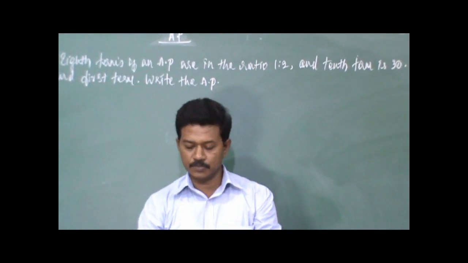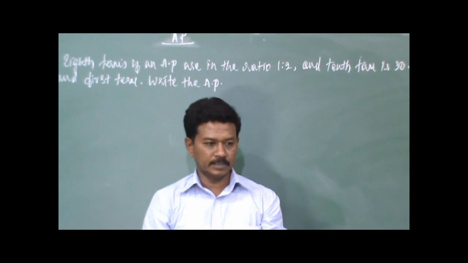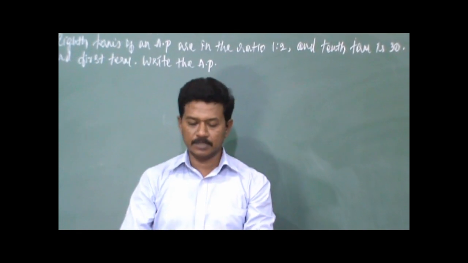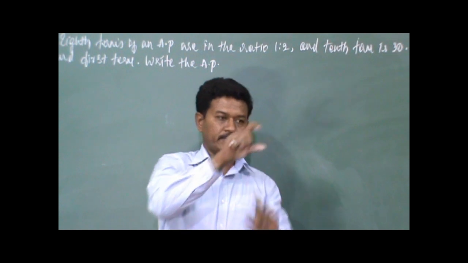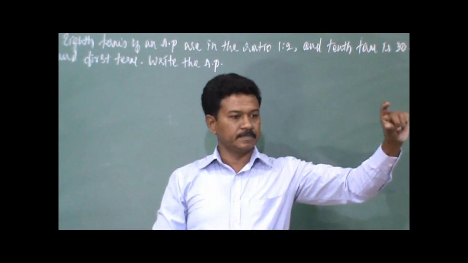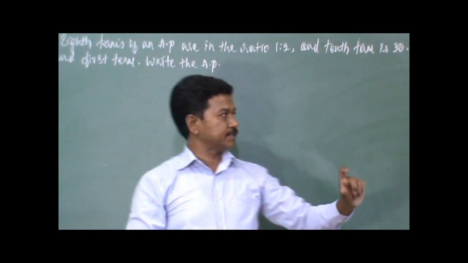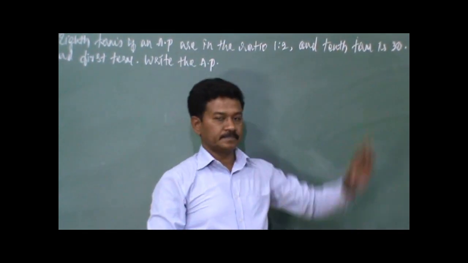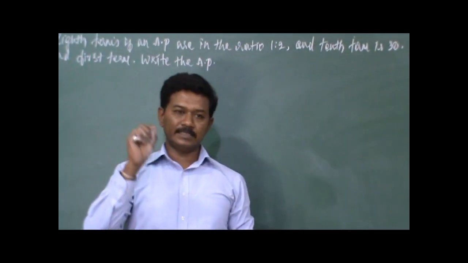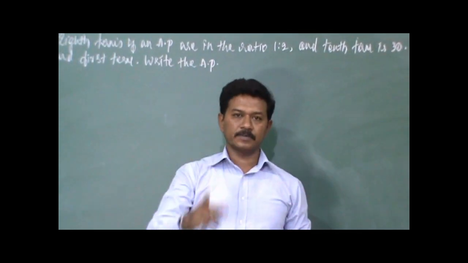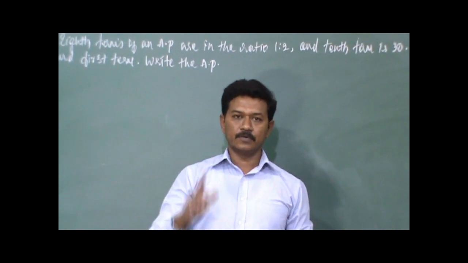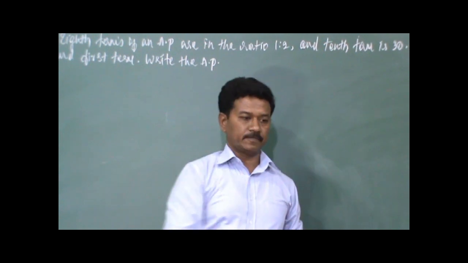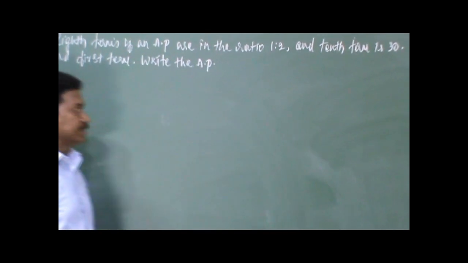The ratio is 1:2, in the sense the 8th term is 2 times the 4th term, and in the same AP when you go forwards you get the 10th term, whose value he has given as 30. So using this data, find the common difference of the AP, find the first term of the AP, and then write the AP itself.